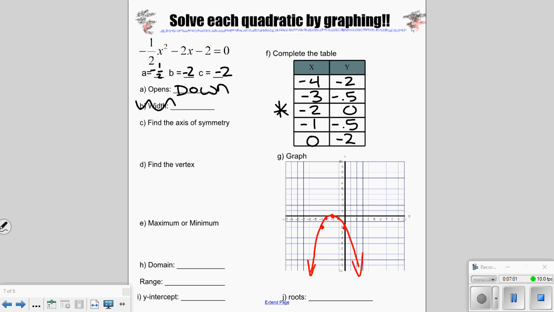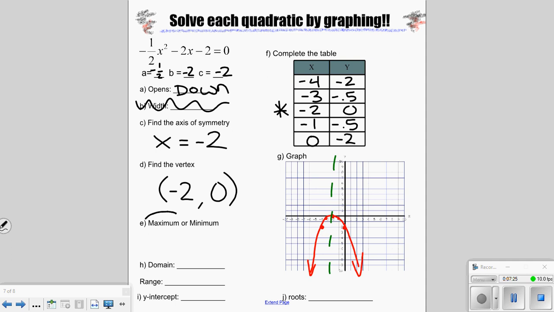The axis of symmetry is always going to be where your graph is split in half perfectly. We notice that happens at -2, so we're going to say x equals -2. The vertex, we already know that. That's going to be -2, 0. This graph has a highest point, so that's going to be a maximum.